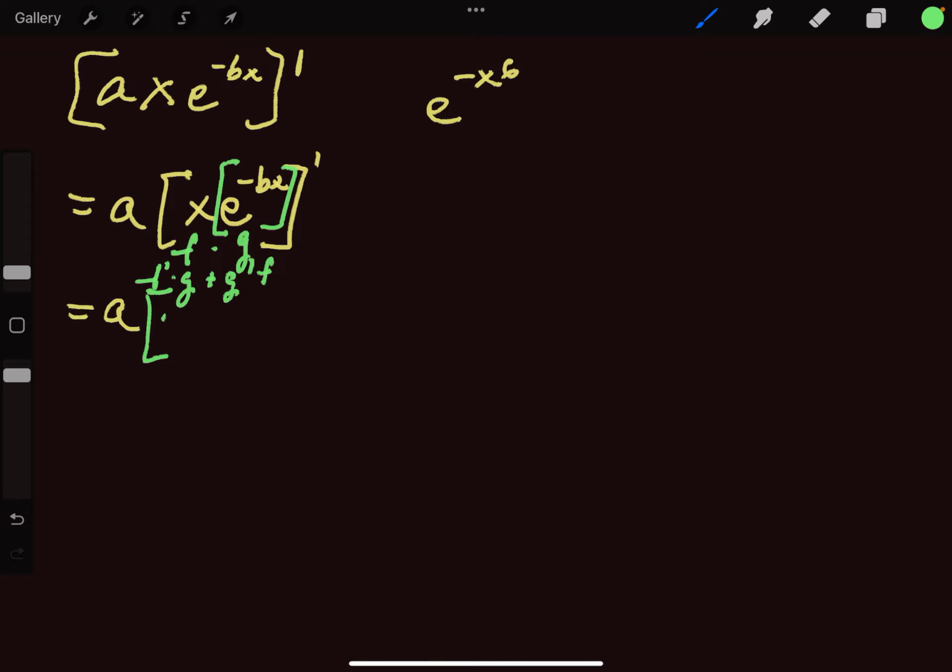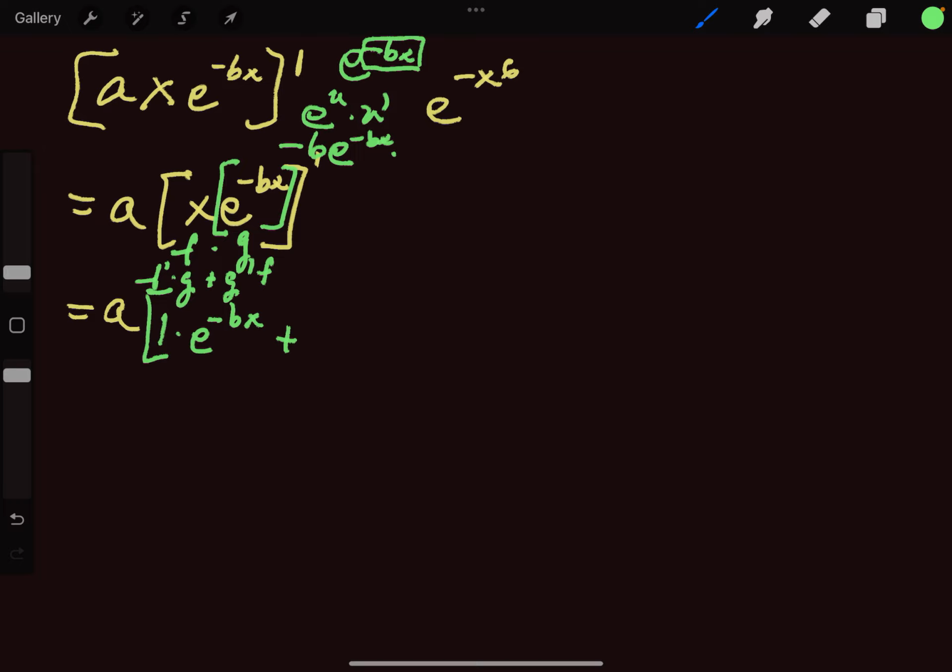The derivative of f is 1 times g. G is e to the negative b x, plus the derivative of g, which you might want to take your time with, e to the negative b x. This whole thing is like u. The derivative of e to the u is e to the u times the derivative of u. So it's e to the negative b x times the derivative of negative b x, which is negative b.